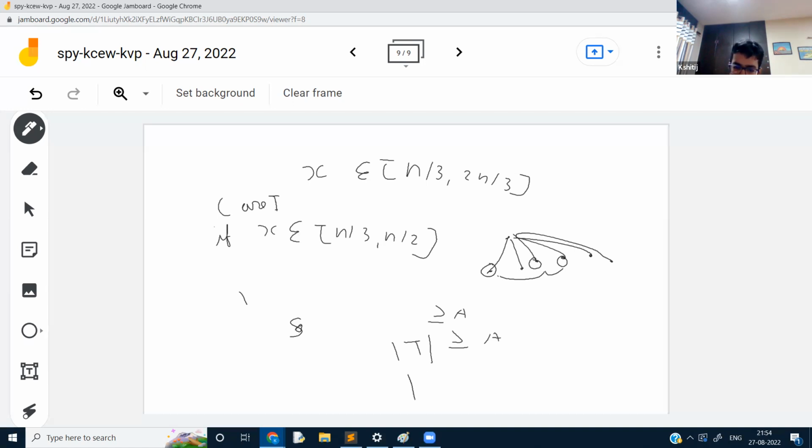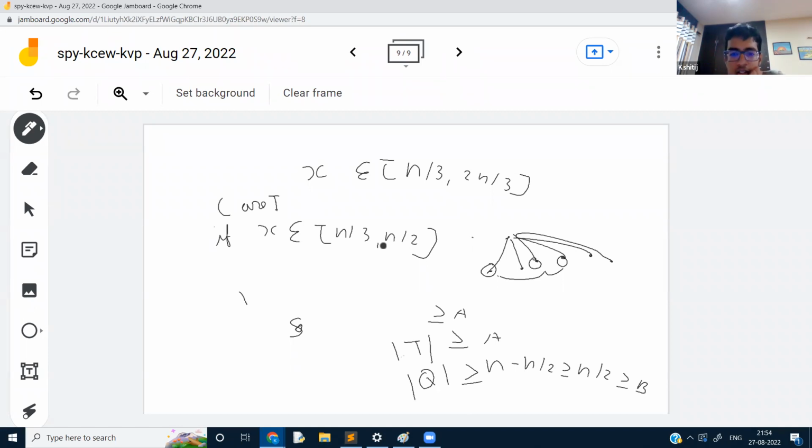And the size, let it be Q. And Q is at least n by 2. We can show, since this is at most n by 2, Q is at least n by 2, which is in turn at least B.